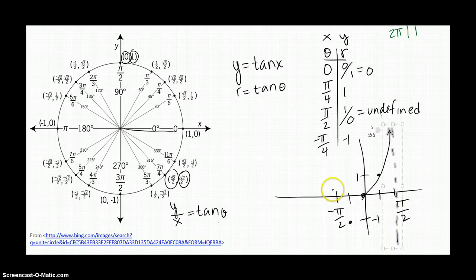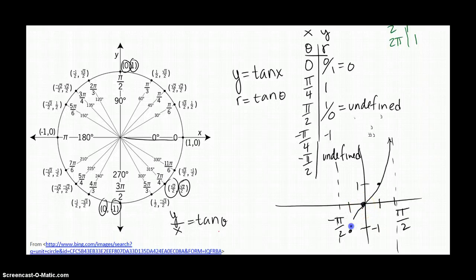And then negative pi over 2, by the same concept as the pi over 2, it's y over x, which is negative 1 over 0, which is still undefined. So there's going to be an asymptote there. I ran out of room. Let me split that up. Okay, that's better.